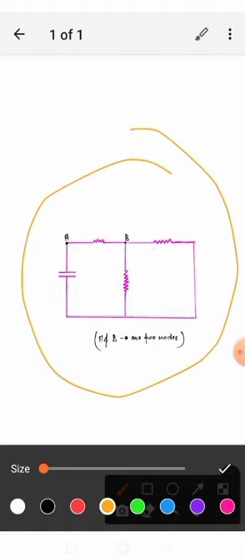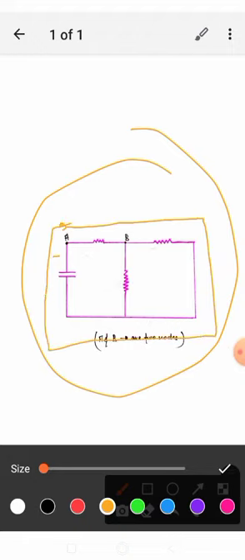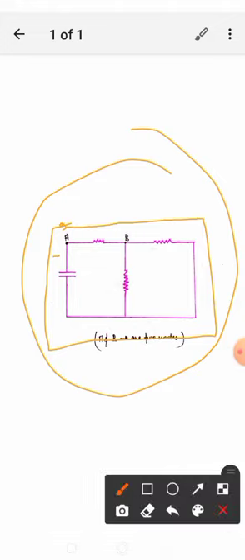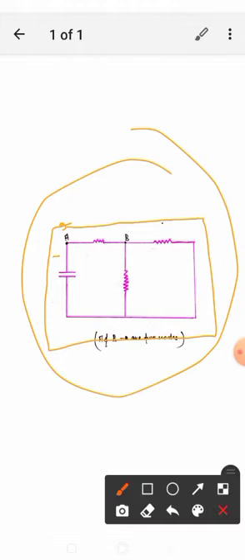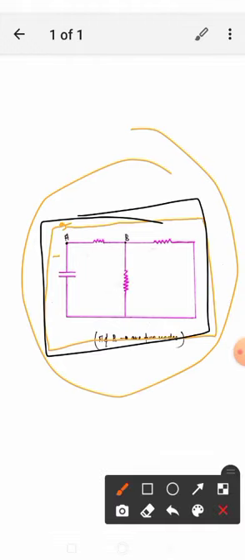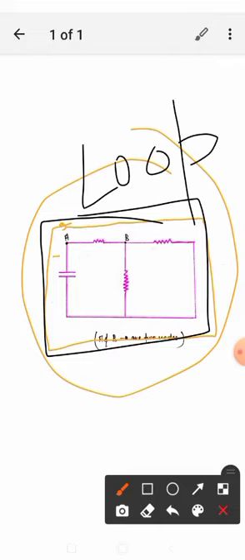From this point I started. A resistor is connected, then a resistor is connected, then nothing is connected, then a capacitor is connected, and I came back to this point. You understand? This means it is totally a closed loop, or you can say a path.